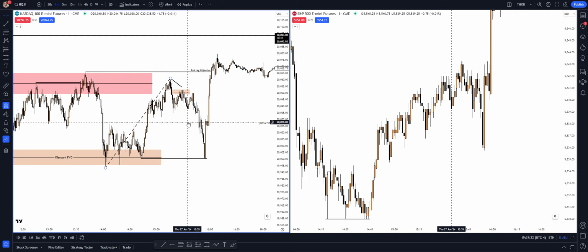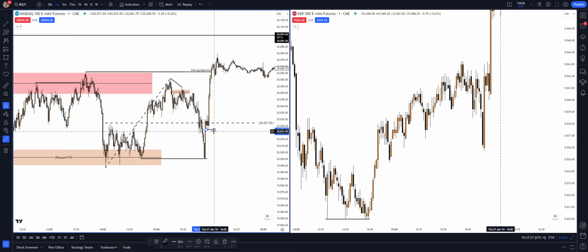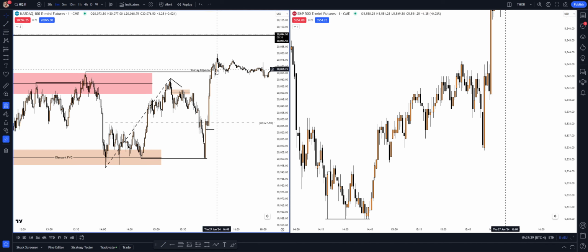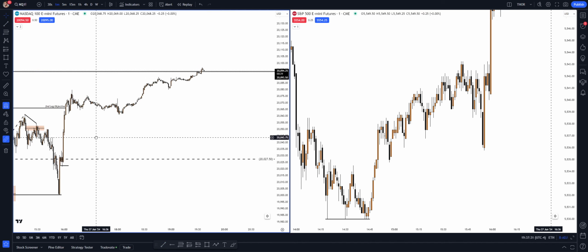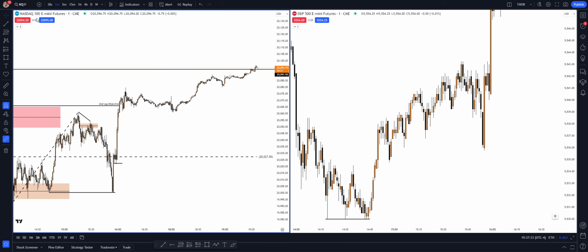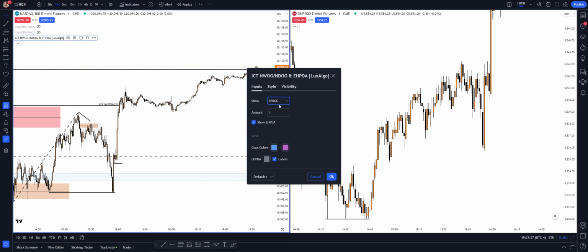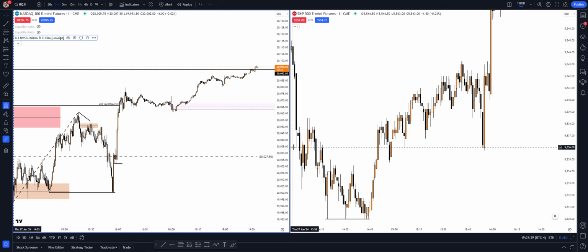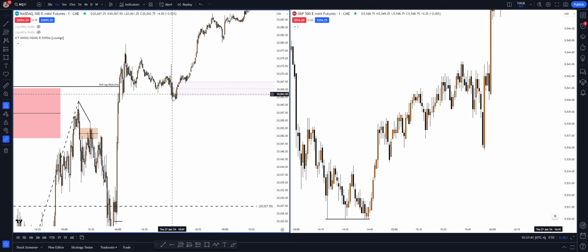Here, as you can see, the range EQ is choppy. It IFPD'd and sent it to the second leg objective, and overnight or during Asia session formed from the end dog. So this is Judas.